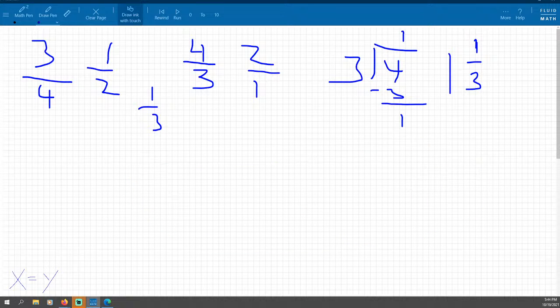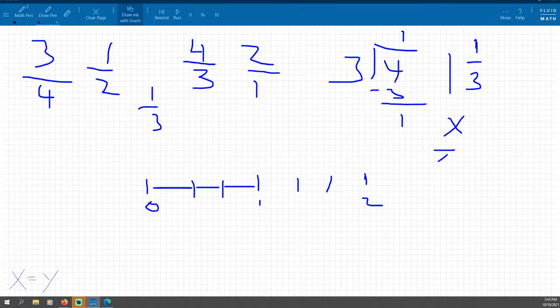So here's 0, here's 1, here's 2, here's the thirds. So 1/3 would fill in this area. If you had 2/3, it would fill in this area. 3/3 would fill up that whole area. See, that's why you have x over x equals 1. Because look, in this example, you had 3 over 3. That equals 1.